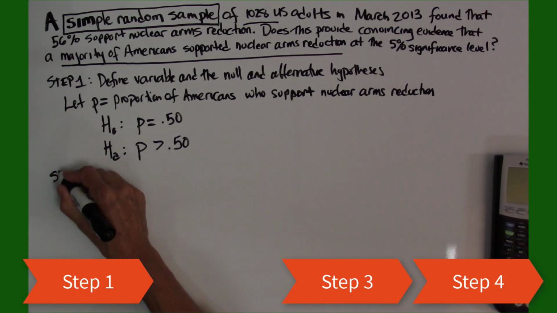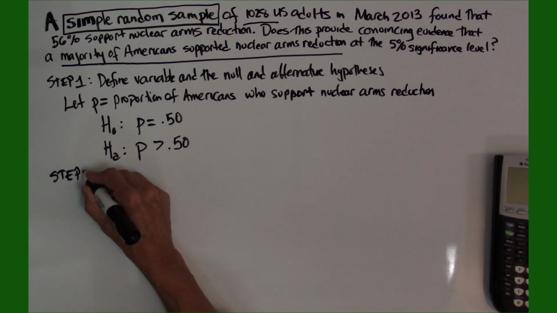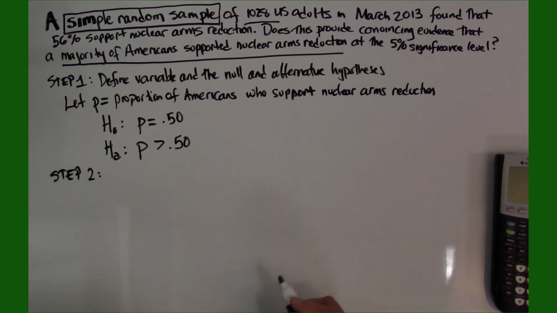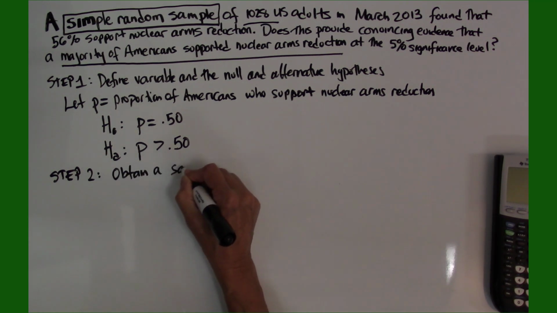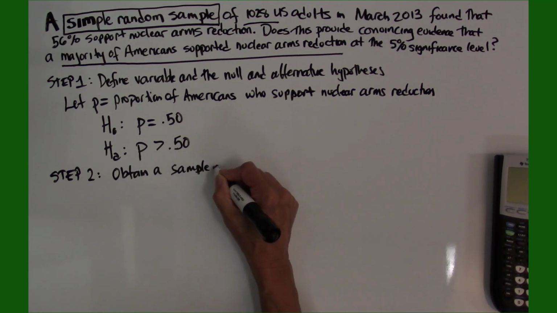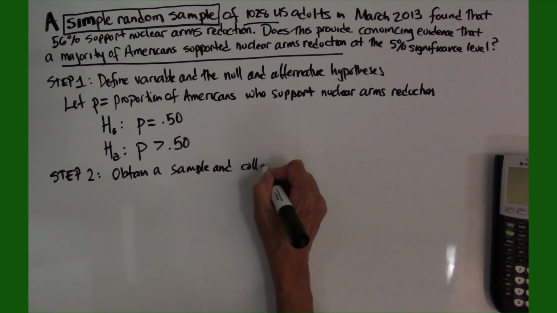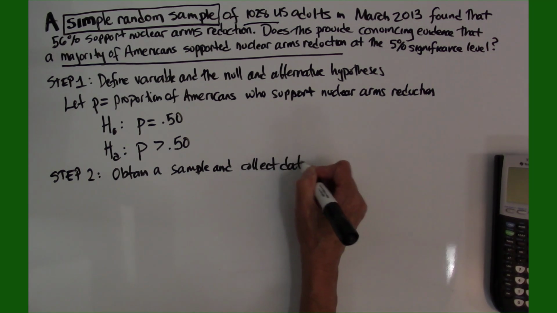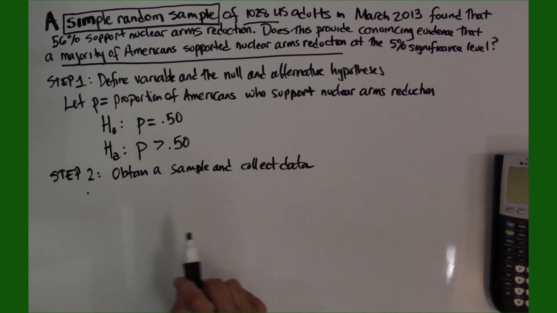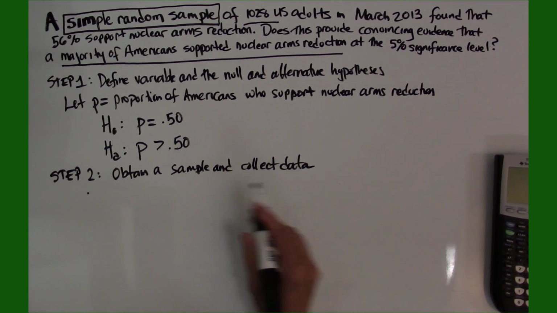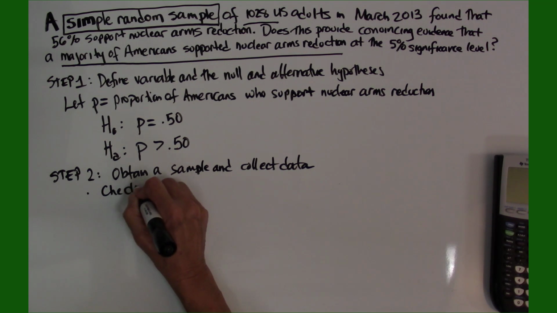Moving on to step 2. In step 2, we want to obtain a sample and collect data. An important and critical part of this is checking the conditions.